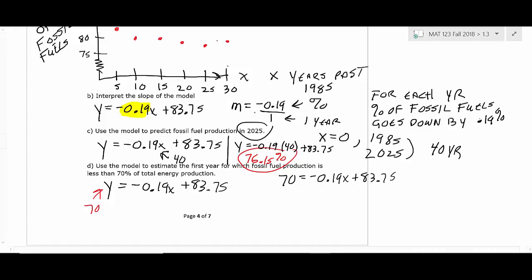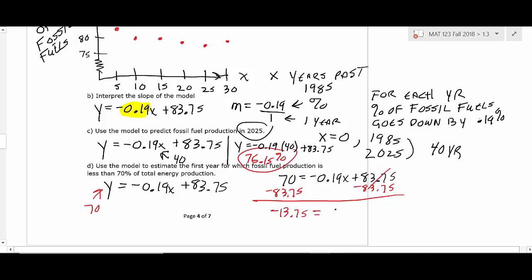So this is a pretty basic equation to solve, so you want to just isolate x. So we can subtract 83.75 from both sides, okay? And if I do my calculator, I'll take 70 minus 83.75, and that's going to give negative 13.75.